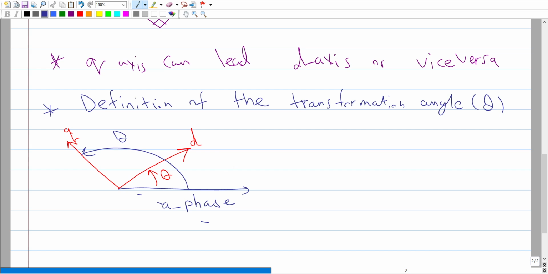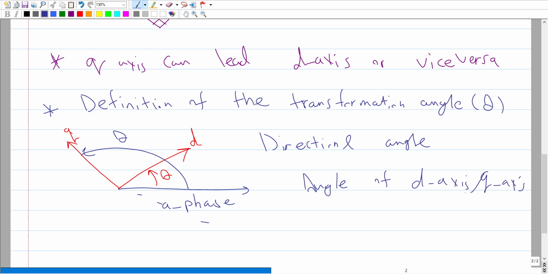So this is a directional angle. Please take it into account. This is important. Directional angle. So angle of d axis or q axis with respect to a phase stator axis.